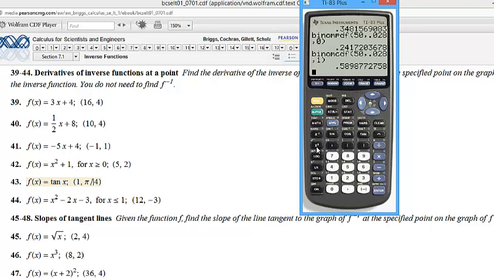Let's check. Let me try pi divided by 4. Yeah, 0.7853. It's working. Okay? So I'm starting to make sense of this inverse tangent function. All it does is switch input and output.